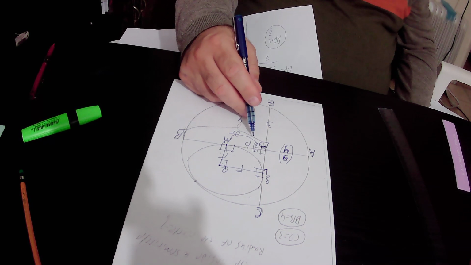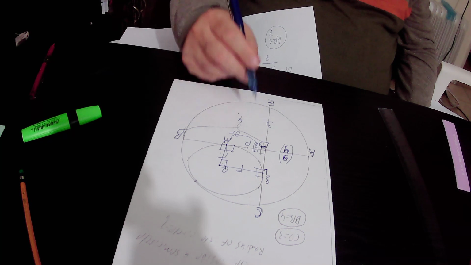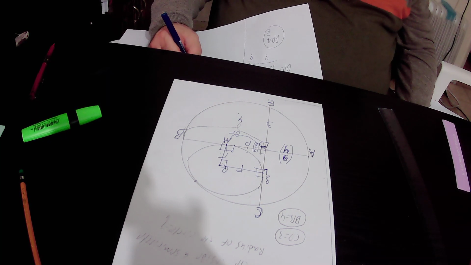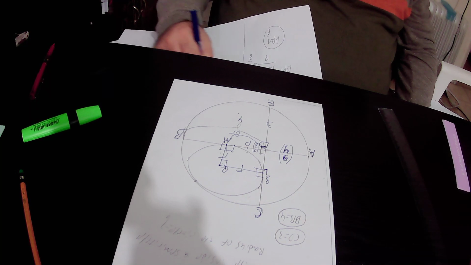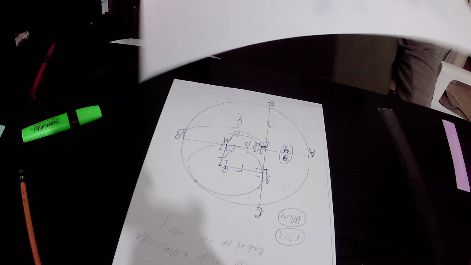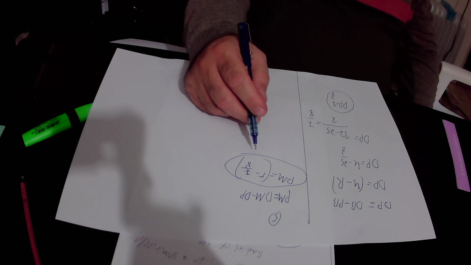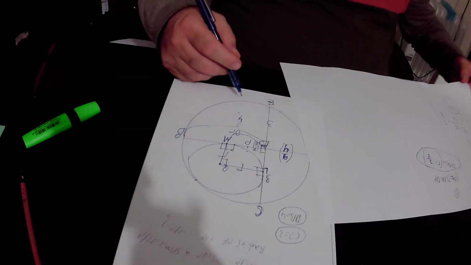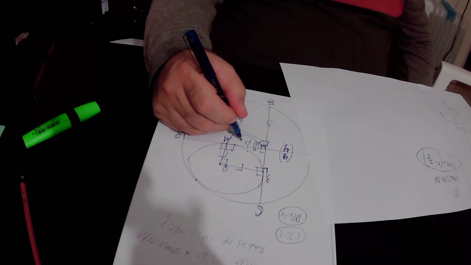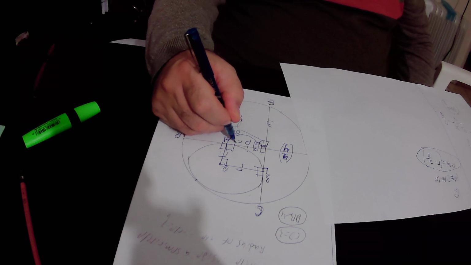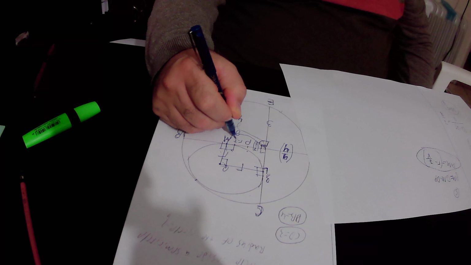We've already found out that DP equals 7/8. So in conclusion, PM equals small r minus 7/8.